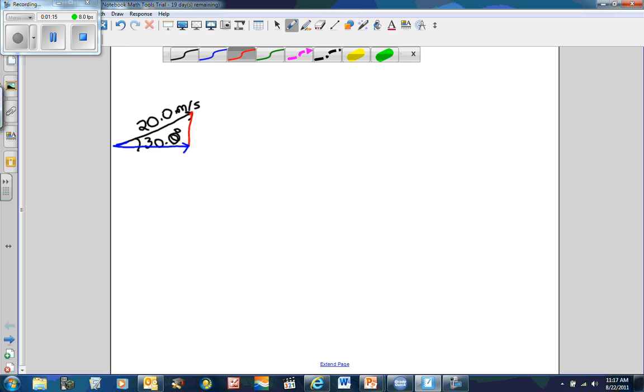So there's my x and my y, and if we say 20 times sine of 30, that gives me 10 meters per second. And if I say 20 times cosine of 30, that's going to give me 17.3 meters per second.